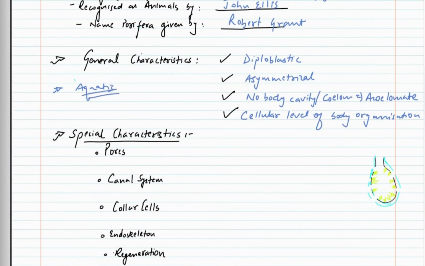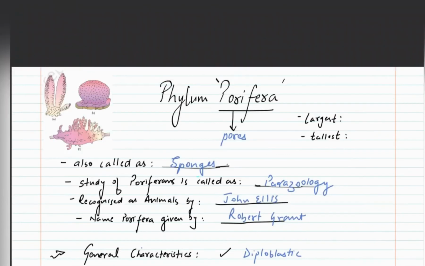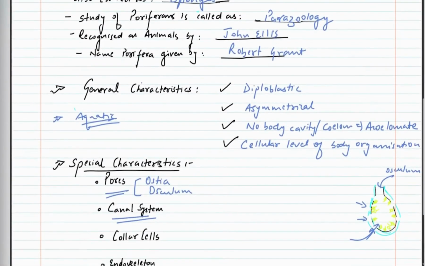Now, special characteristics. The name Porifera is due to the presence of pores on their body surface. Pores are of two types. There are small pores known as ostia, and there is a large pore known as osculum. Sponges have a special system in their body known as the water canal system.